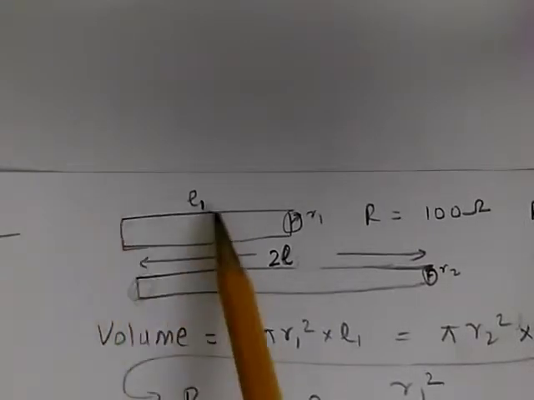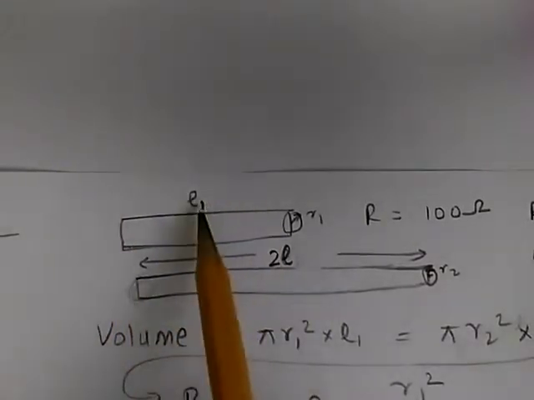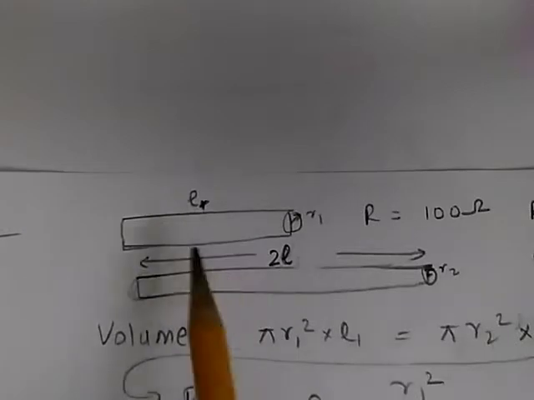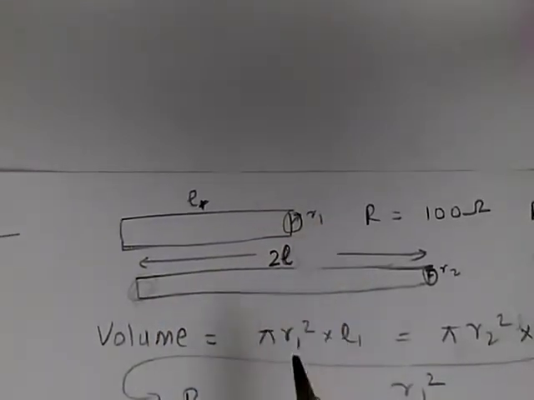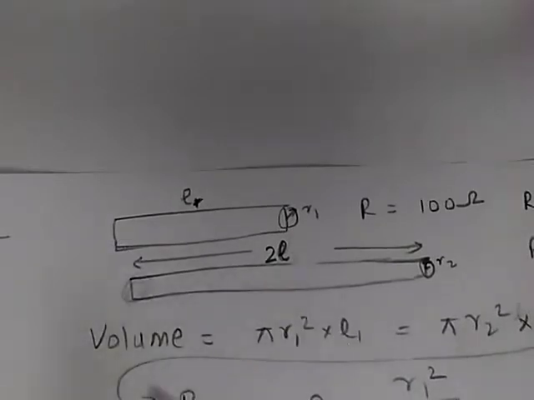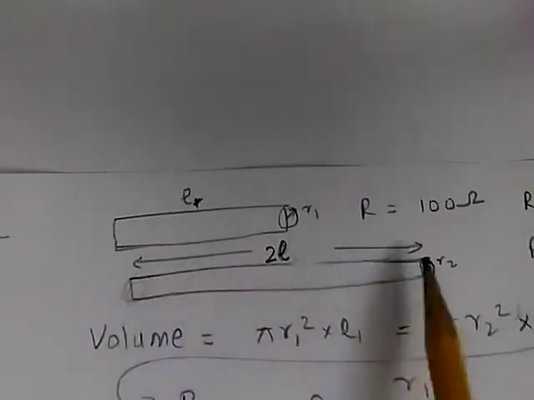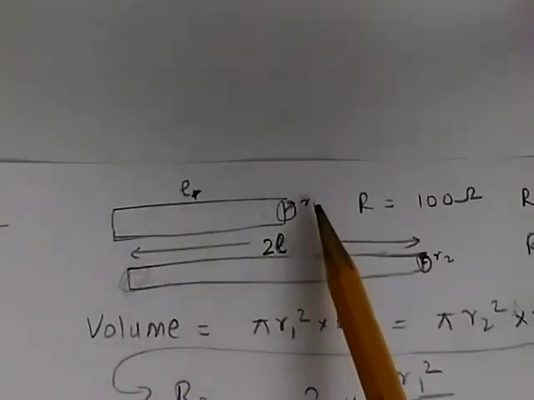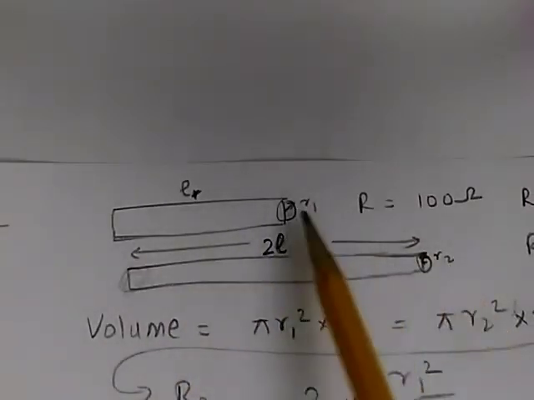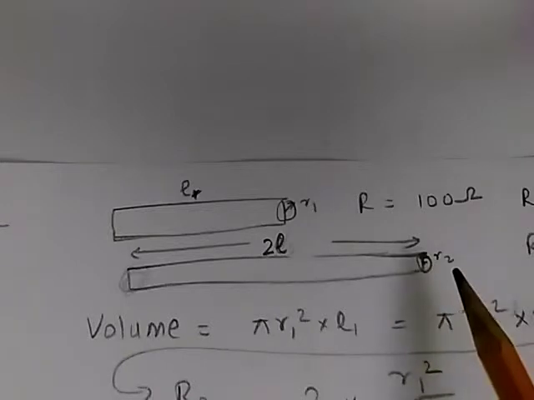We initially had a length L, and let's say initially it has a resistance of R1. It says that its length is doubled, so now we have a length of 2L. Let's say initially it has a radius of r1 and the new radius is r2.